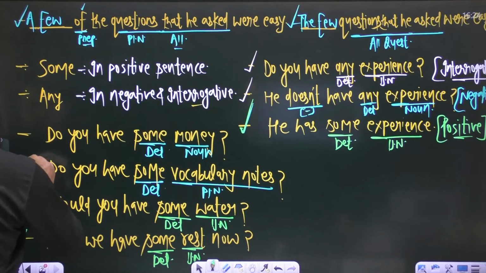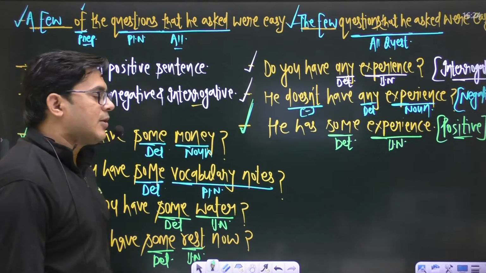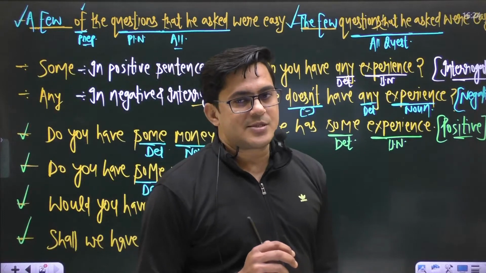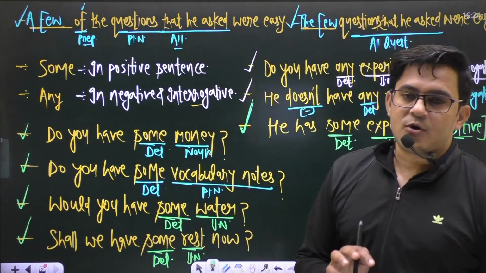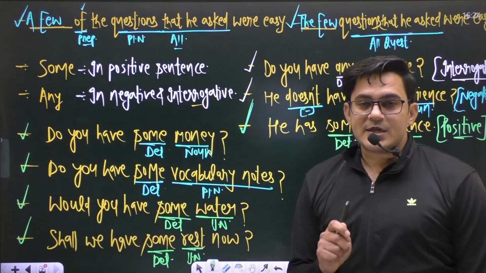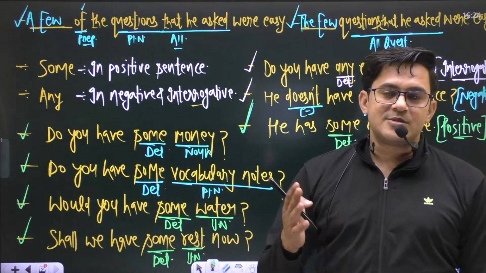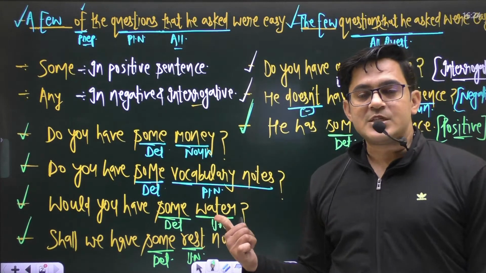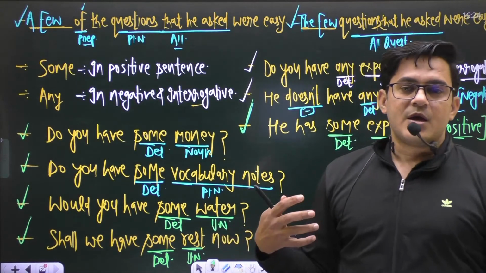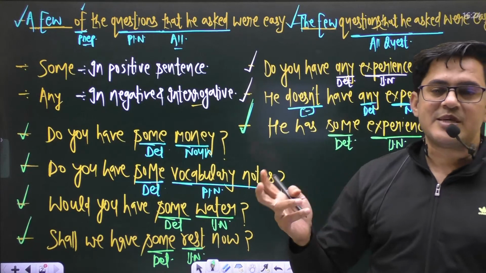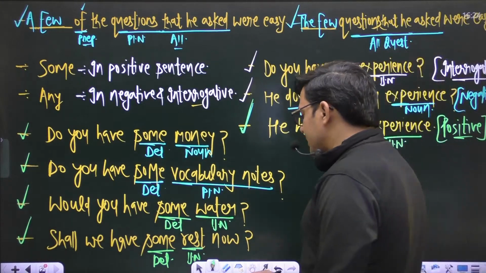And I'm saying all these four sentences are okay. There is no error in any of these sentences. What is the reason? As I told you, in interrogative sentences we use any, but these four sentences have some as a determiner. So what is the basic difference? Let me clear it.